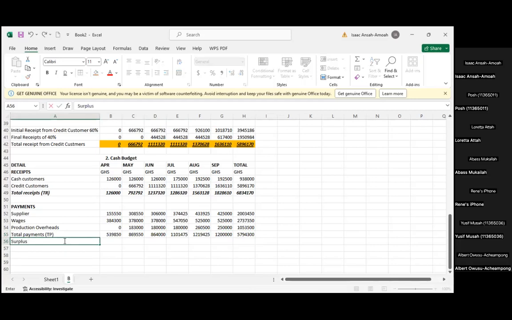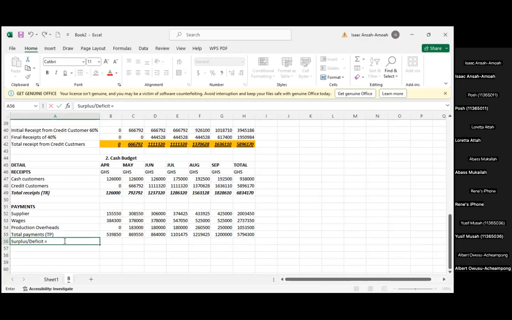Isaac, before we go to the surplus, the overhead payments, is it a general principle that we post it in the following month, or you got it from the question? We got it from the question. Should I bring back the question? That would be helpful.